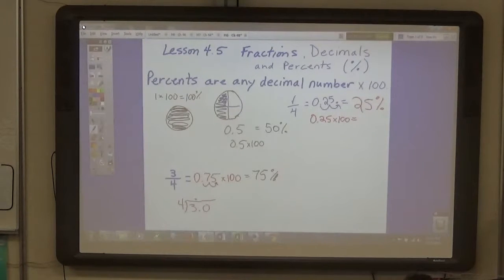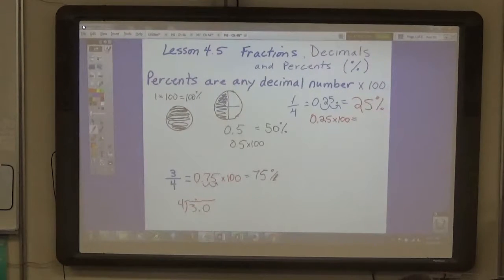Question number 2 says, what is a percent? A percent is a decimal that's multiplied by 100. Good. Now, something else about a percent.